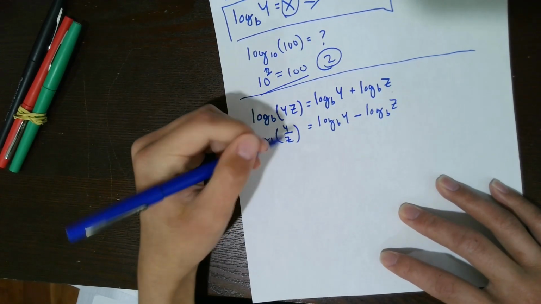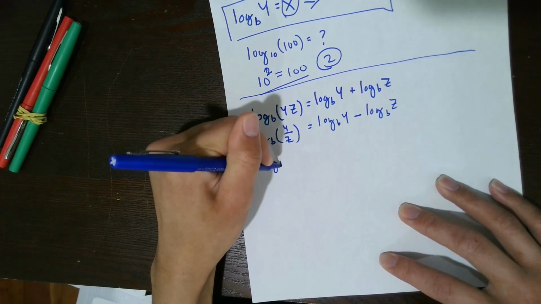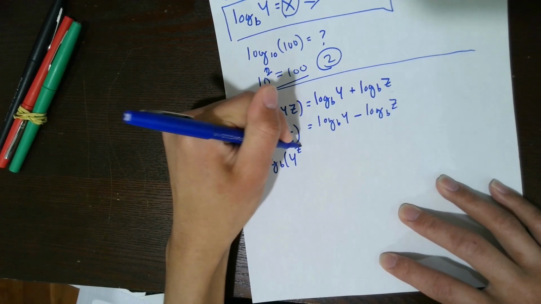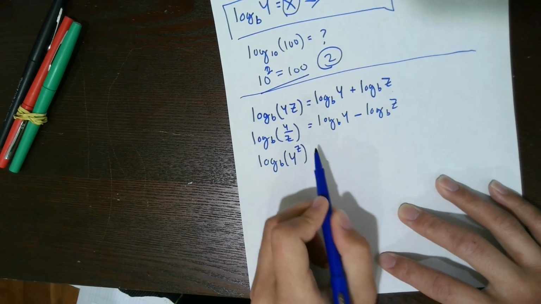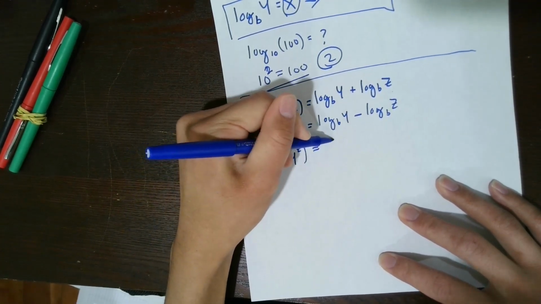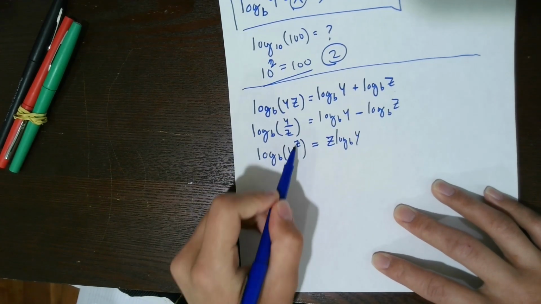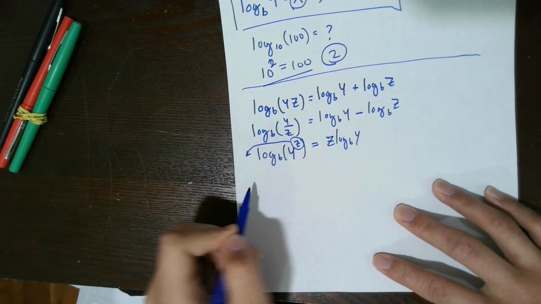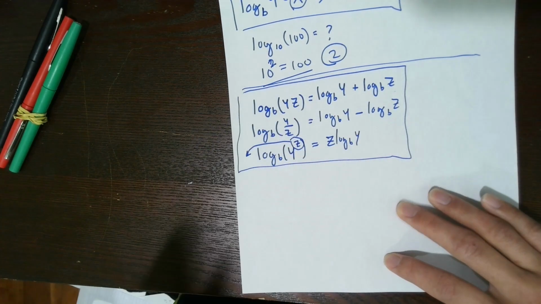And if you have the log of y raised to some number z, you can take this number and bring it outside, and you get z log base b of y. So we just took this thing up here and we stuck it down there. That's all we did. So these are the rules of logs you're going to have to memorize.